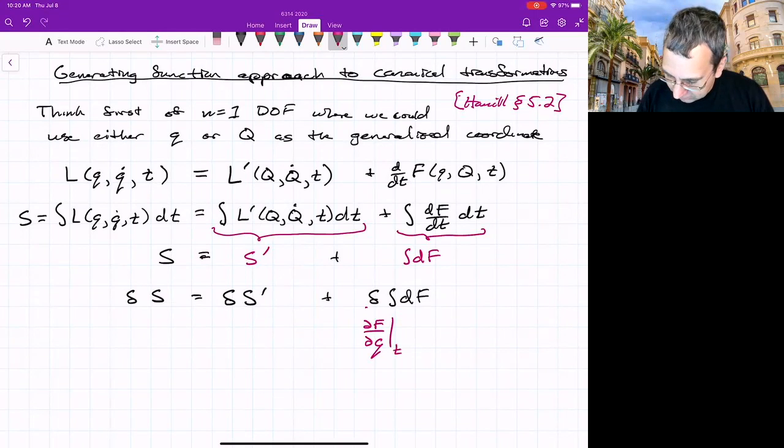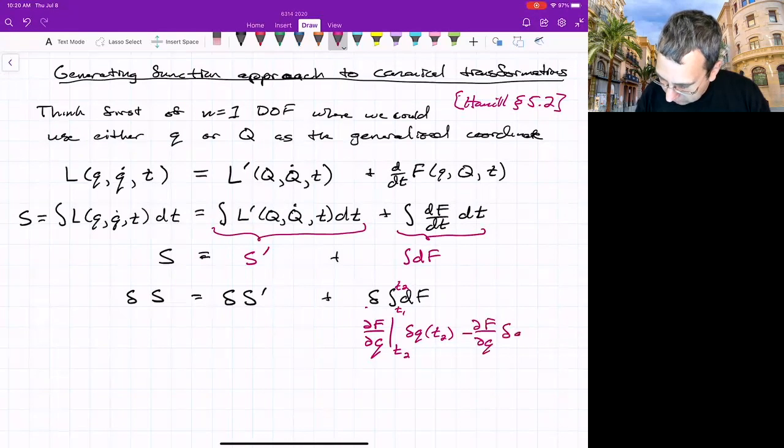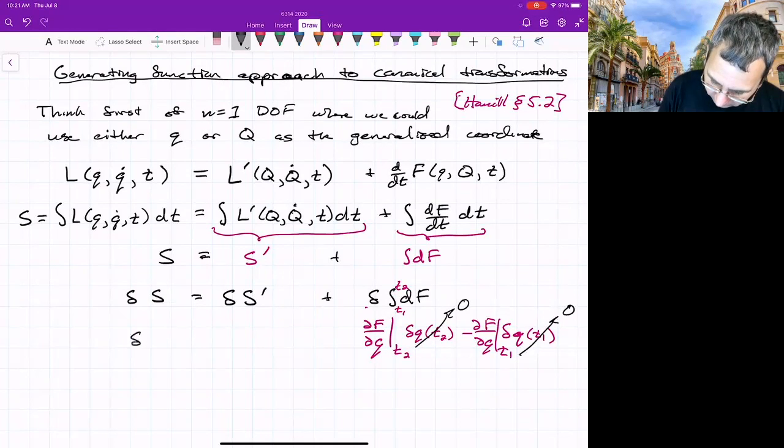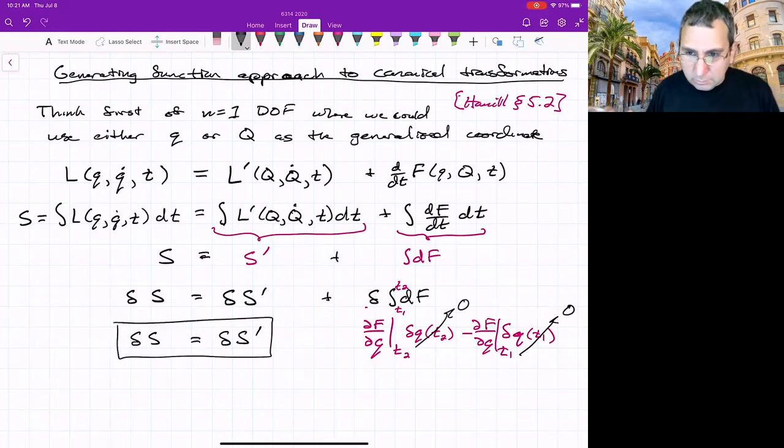So let's just write it as here's the final time. We went from T1 to T2. Partial f partial q delta q at T2 minus partial f partial q delta q at T1. But the way that we've defined this variation function, the delta, either little q or big Q, both of them will vanish at the endpoints. And so that's why we get delta S equals delta S prime. They'll both be the same.